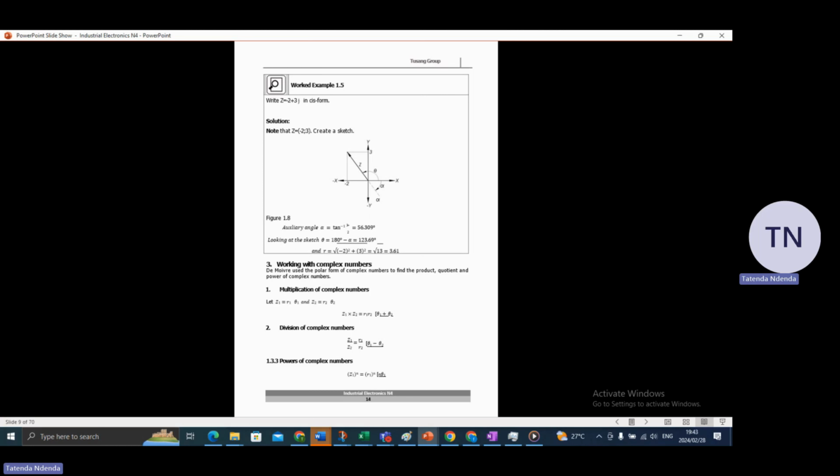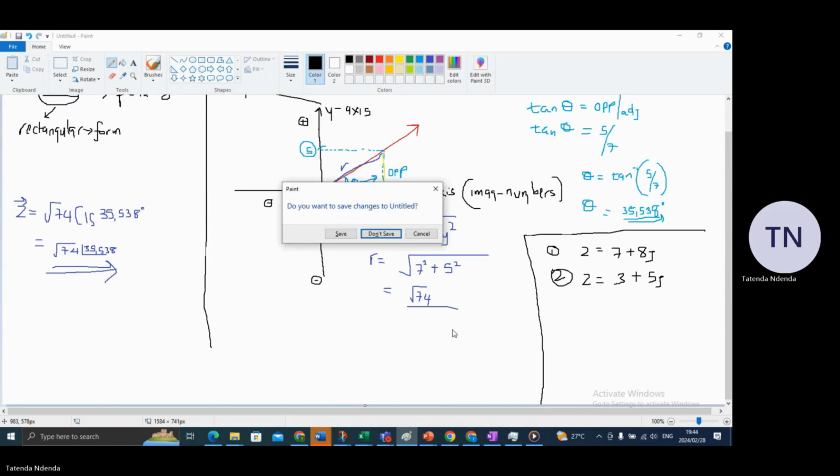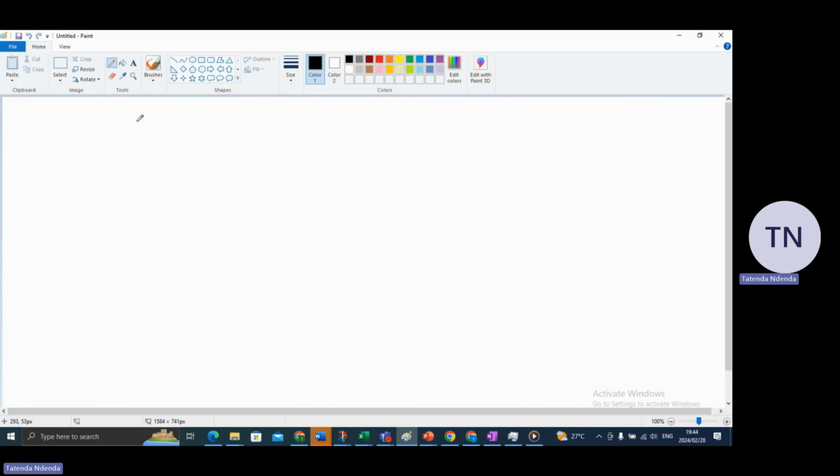Let me write this thing down. We have Z1 is equals to R1 theta 1 and Z2 is equivalent to R2 theta 2.